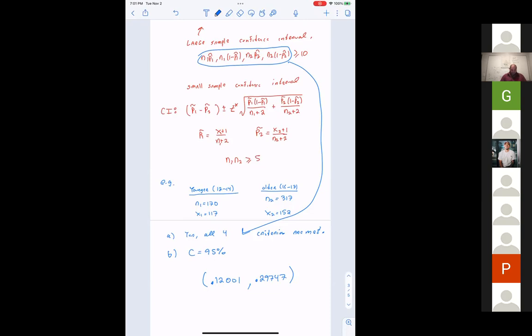Zero. If they were the same, the difference should be zero, correct? Yes. And zero is not in the confidence interval. So we're 95% confident that the difference is not zero. In other words, that they're not the same, that younger people, teens, whatever, lie more often than older teens. That is the ultimate conclusion.